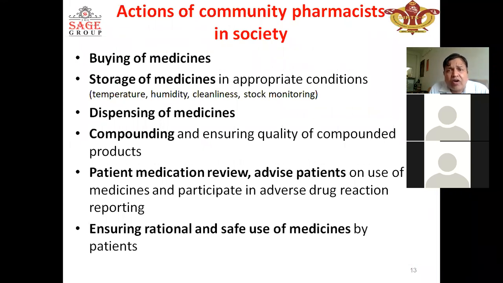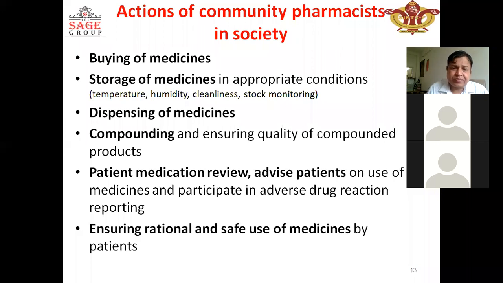Now, the actions of community pharmacists in society. Community pharmacists are involved in buying of medicine and storage of medicine. If you have pen and paper, please note down: buying of medicine, storage of medicine in appropriate condition, temperature, humidity, cleanliness, stock monitoring, etc. Dispensing of medicine, compounding and ensuring the quality of compounded products, is also part of the pharmacist's job.